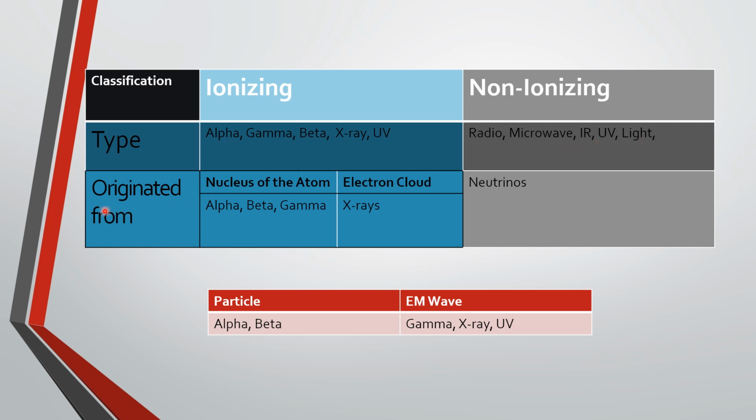And then there's where they originated from. Things like the alpha and beta originate from the nucleus of the atom, and gamma, and then X-rays originate from the electron cloud. And down here is another reminder that alpha is a particle and beta is also a particle, and electromagnetic waves are gamma, X-rays, and UV rays.